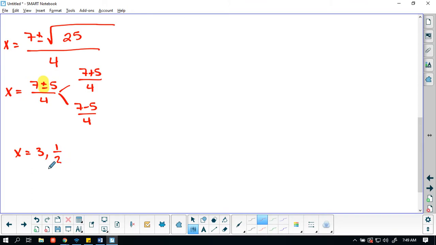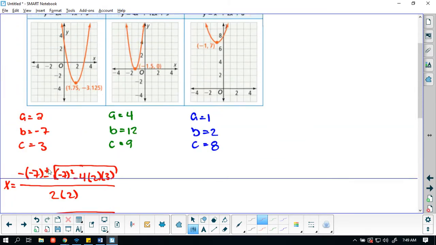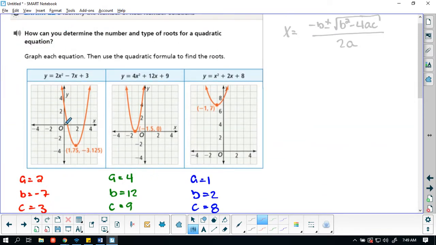All right, so there are my two solutions for the red equation, the first one. And we can see on the graph we have two places where our function goes to the x-axis. Therefore, we have two real solutions.